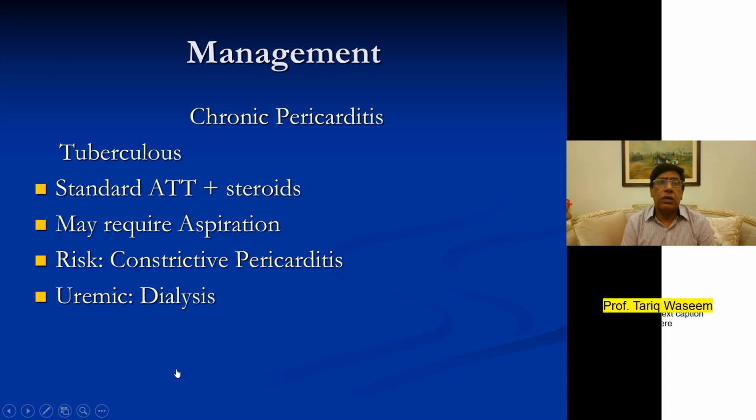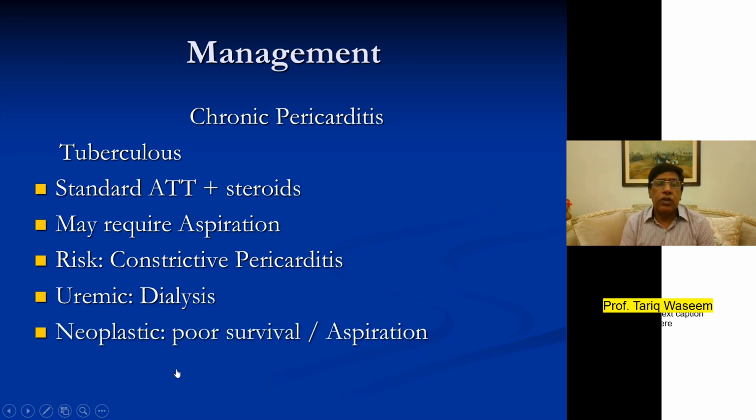So there, apart from aspirating the fluid, dialysis may be beneficial. Neoplastic origin, say a large chronic pericardial effusion or chronic pericarditis, has a very poor prognosis, as the disease is already possibly widespread or metastatic, and only therapeutic aspiration to prevent tamponade is to be considered.